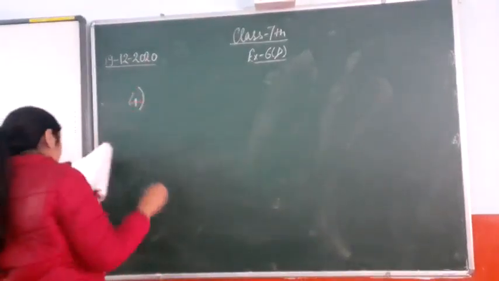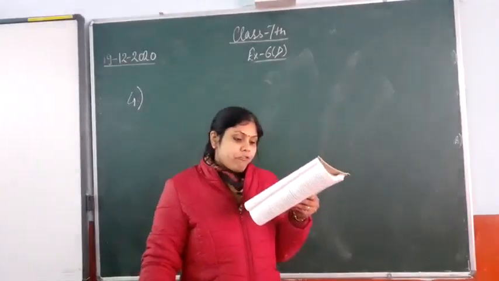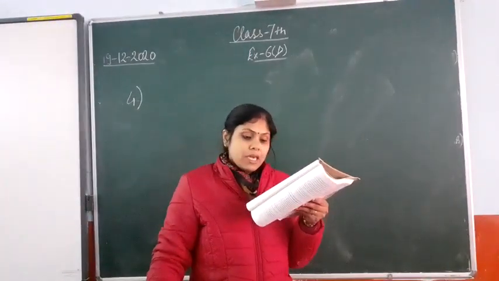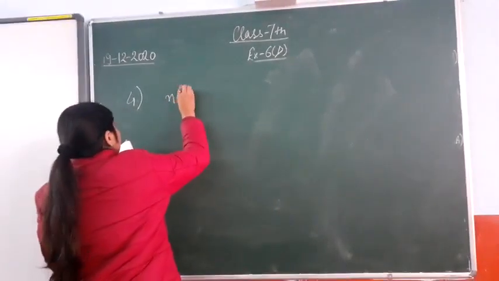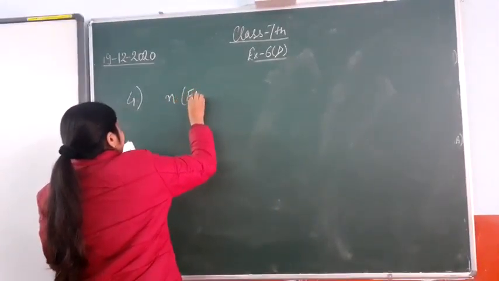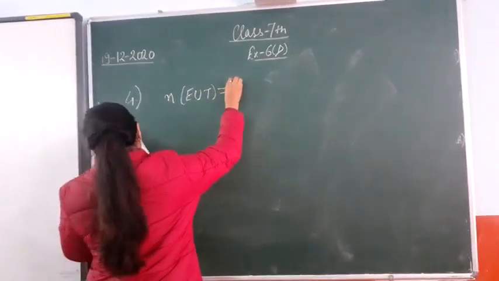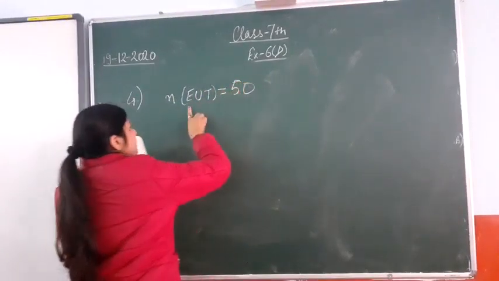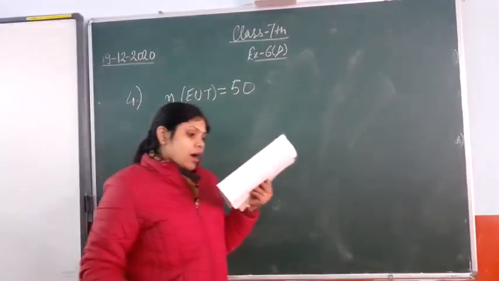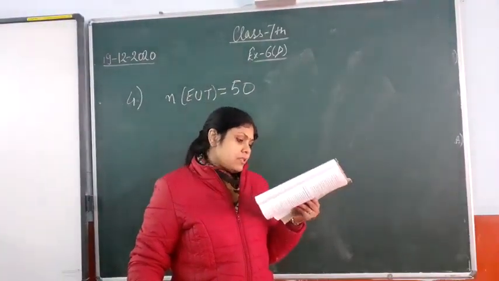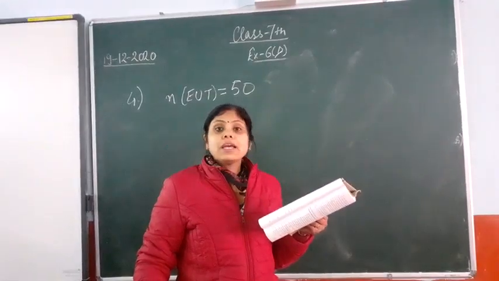In the fourth question, it is given there is a group of 50 persons who can speak English or Tamil or both. That means n(E union T) is given as 50. E represents English and T represents Tamil. Out of these persons, 37 can speak English.